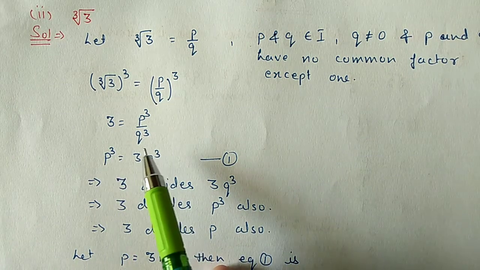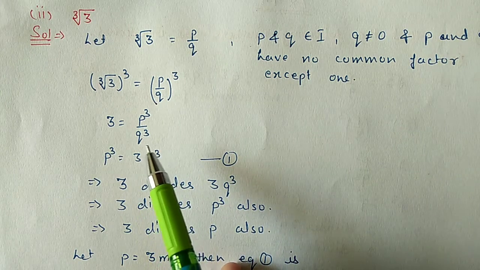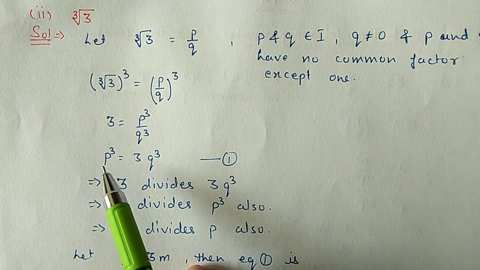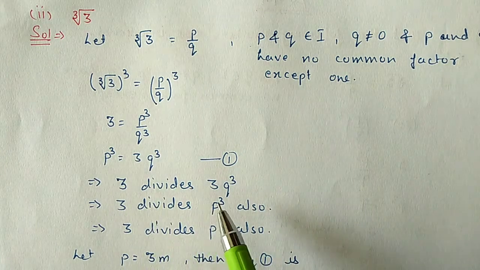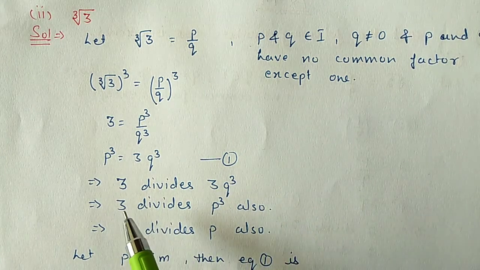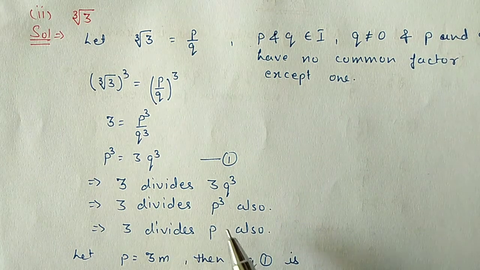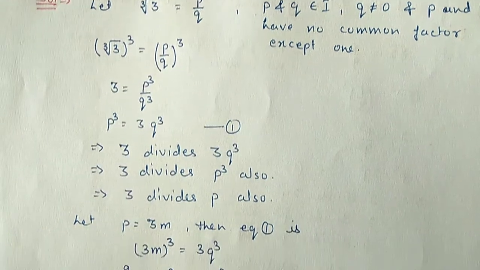It means this right side we can divide with 3 because 3 is here. If we can divide this right side with 3, so left side also we can divide with 3 because both the sides are equal. So 3 divides p cube also, and if 3 is dividing p cube, it means 3 will divide p also. So it means 3 is there in p.